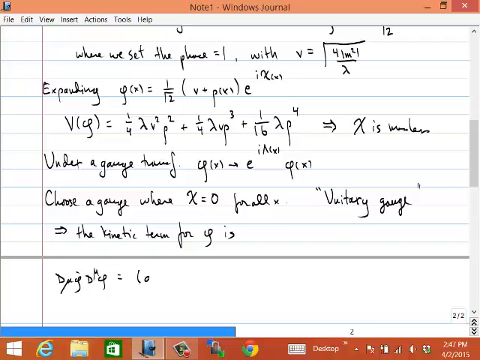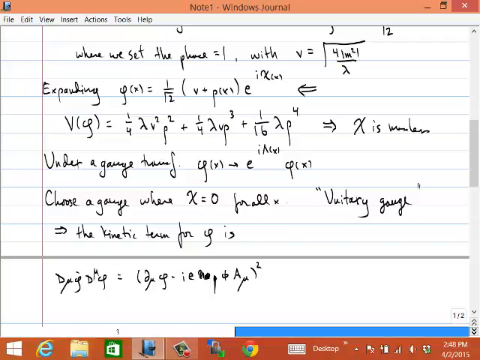So D mu phi is partial mu phi plus a correction term, which was i e A mu phi. So what was it? I'll just write it all out. So D mu phi, quantity squared. And so then let's insert our ansatz for phi into this. And what will you get?